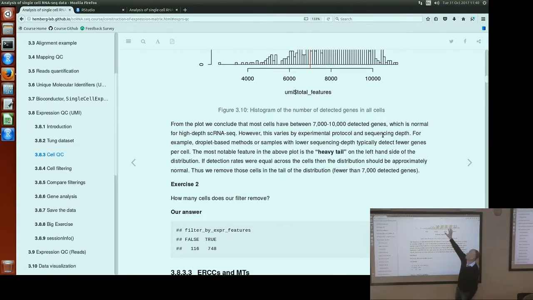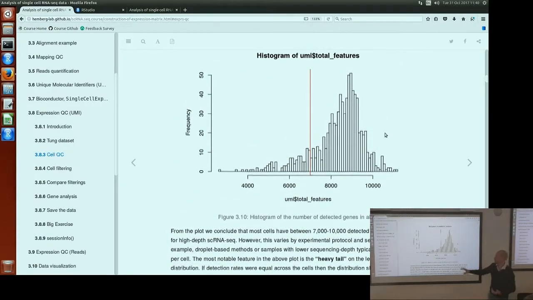So this distribution will be shifted to the left. You have to be careful and understand your protocol and think about what could go wrong in the protocol before you remove the cells. But still, if the majority of your cells are in some position here, it's still better to remove the outliers, because you don't want to look at something which is suspicious. You want to look at the majority of the cells.